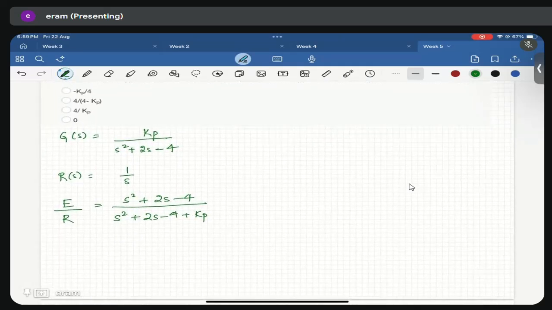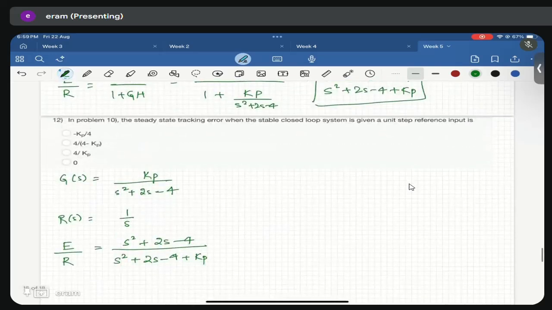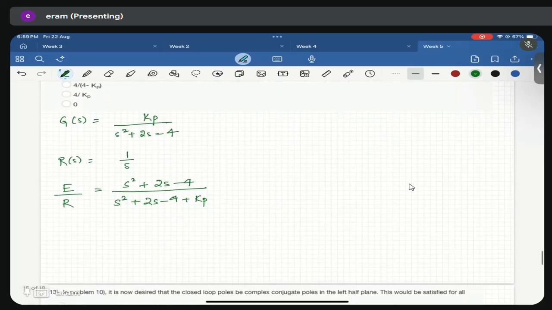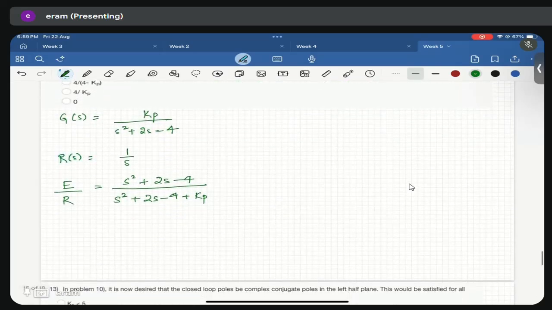Now R is 1 by s and we have to find the steady state tracking error. So we can use the final value theorem. So E as t tends to infinity will be given as limit s tends to 0 of s into E(s).